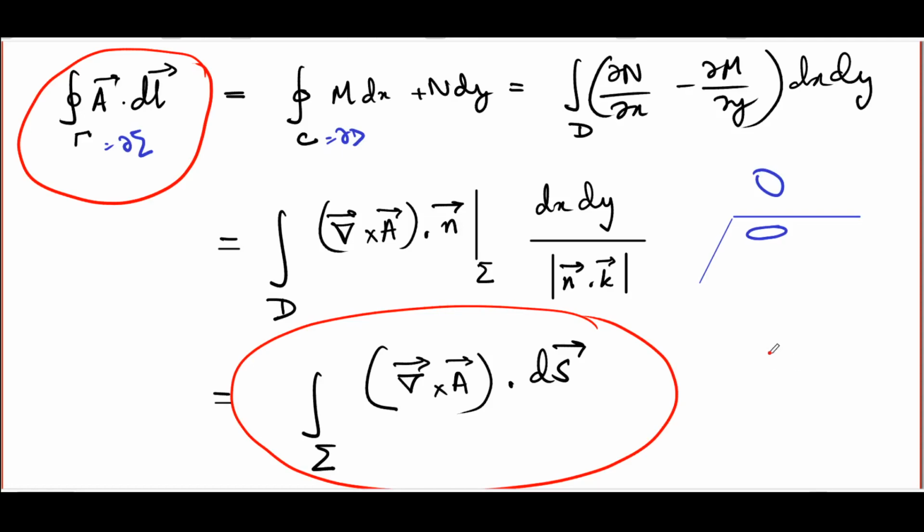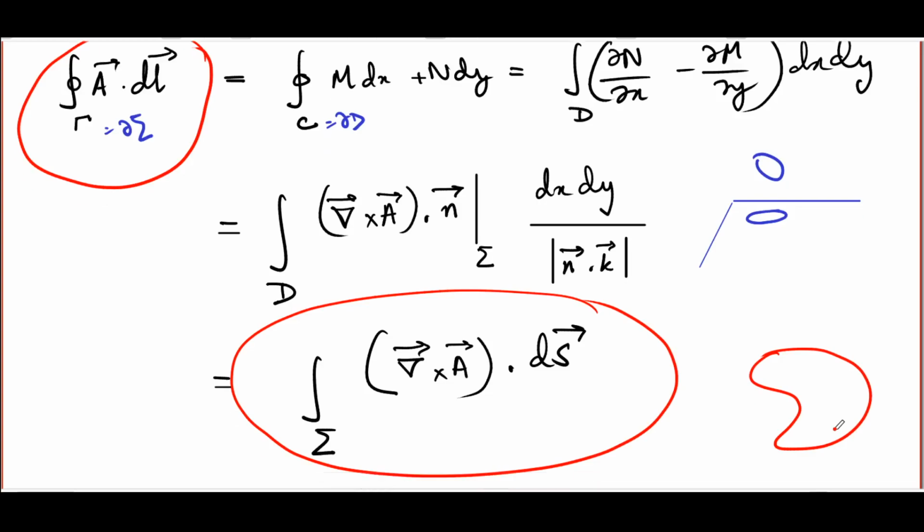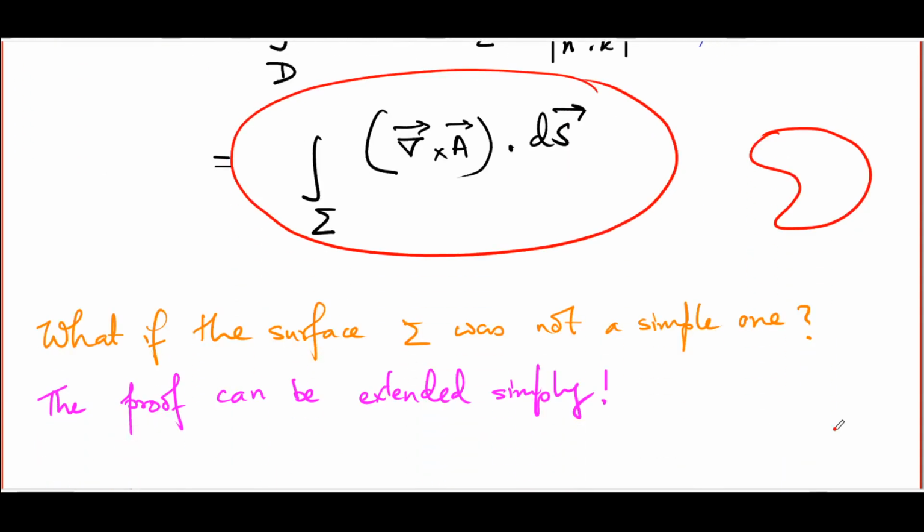Now the proof that we have given here has limitations. Limitations in the sense that we have assumed that the surface used is simple, not a surface like this one which bends over itself, so that you cannot describe it by saying that z is a given fixed function of x and y. But the extension of the proofs to such non-simple systems is pretty straightforward.